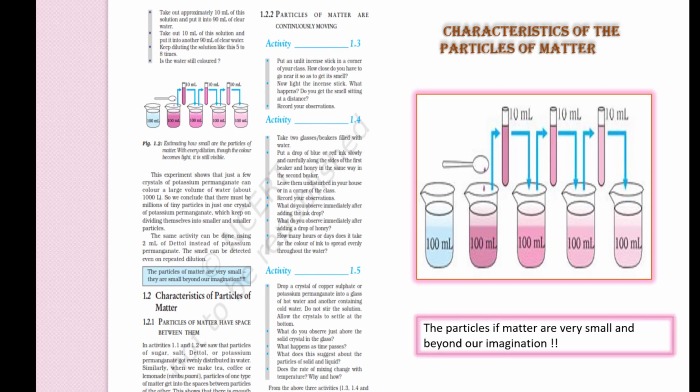That is the reason why the first beaker is dark pink in color, while the impact of the color of potassium permanganate crystals gradually fades. So from the second activity, we can understand that particles of matter are very small and beyond our imagination.